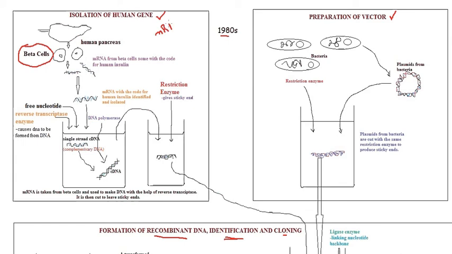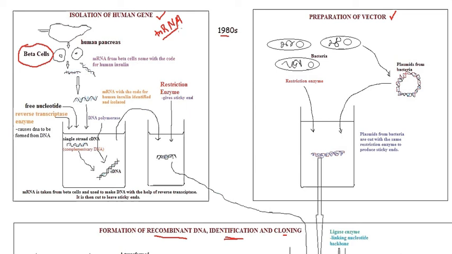When we studied the regulation of insulin, we said that when there is more glucose, beta cells in the pancreas are stimulated and they release insulin. So we are taking the same insulin. Since they release insulin, which is a protein, they will have the mRNA. So we want this mRNA.